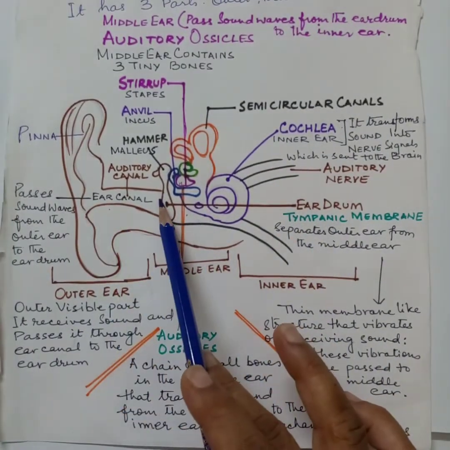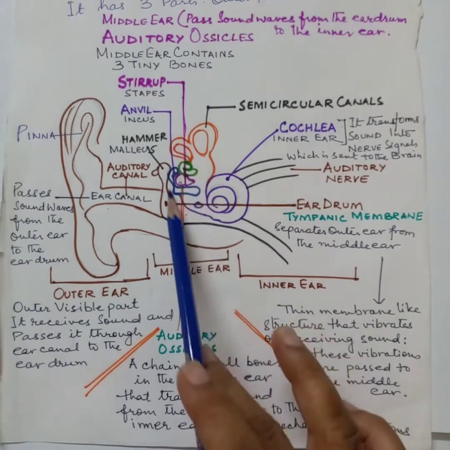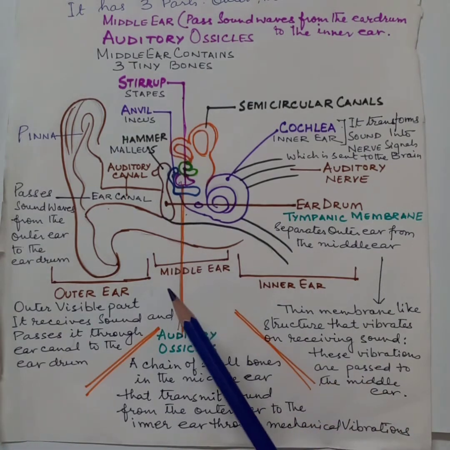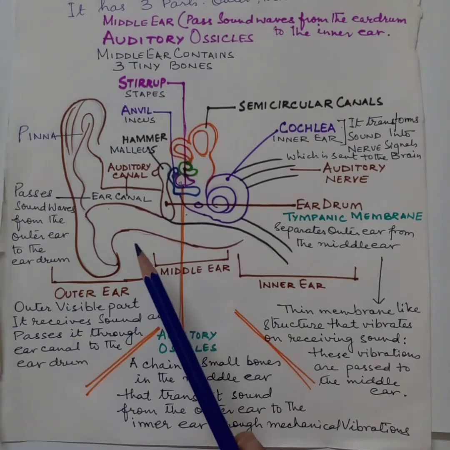Outer ear from here to here, this is the tympanic membrane or the eardrum, and this is the middle ear. This is a thin membrane-like structure that vibrates on receiving the sound.